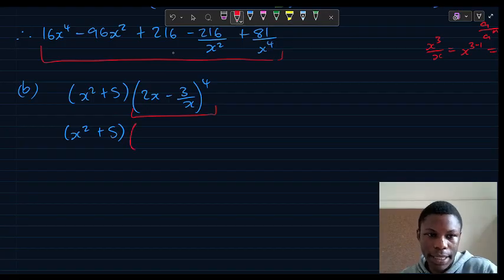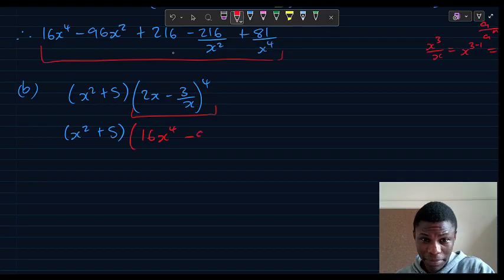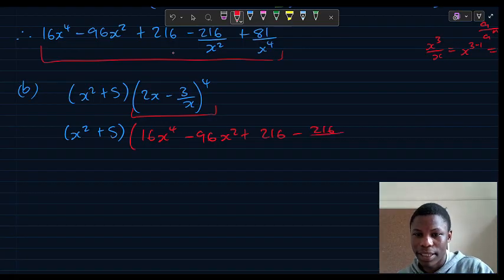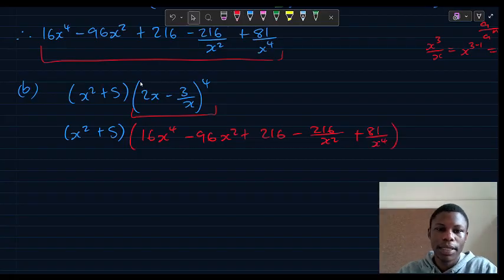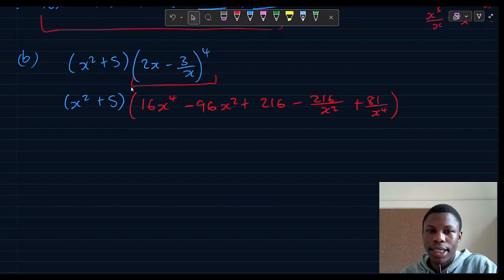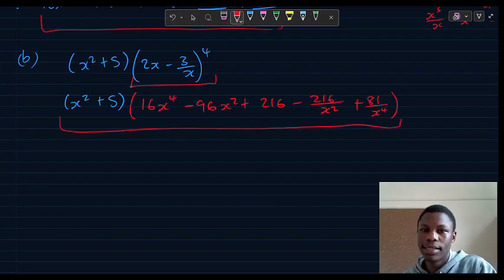So we can replace that with the expansion, which is 16x to the 4 minus 96x squared plus 216 minus 216 over x squared plus 81 over x to the 4. Okay. And the question is, if we were to fully expand this, what's going to be the coefficient of the term in x squared?